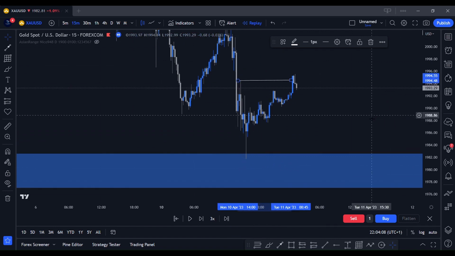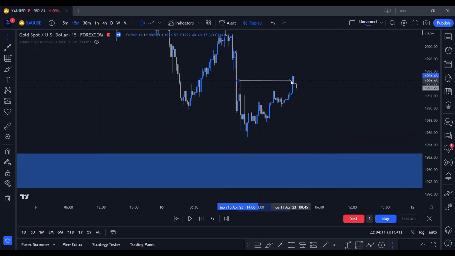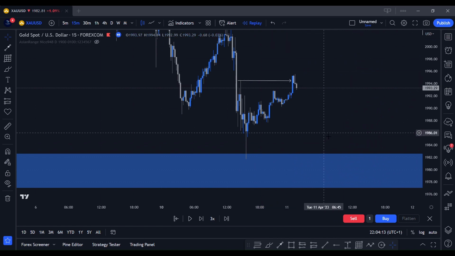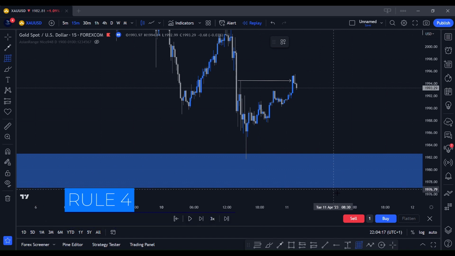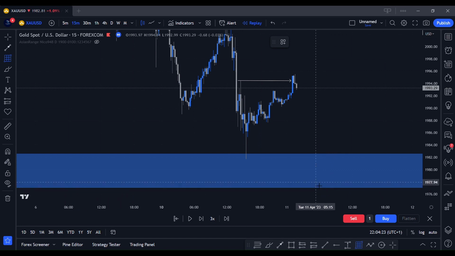Since I know buyers are in control, the next thing to do is find an area of interest I can use as a reference point to enter a buy trade to the upside, because I understand that buyers are in control of the current market.